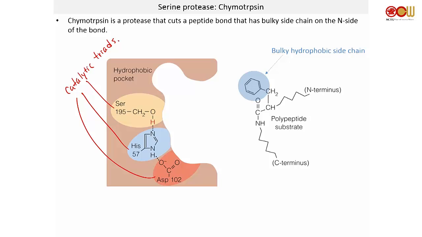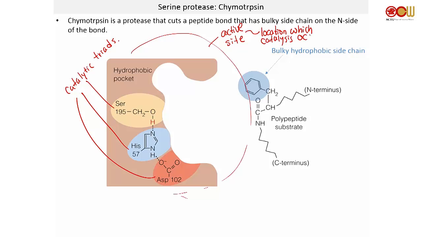Around these 3 residues, this entire thing, we call that the active site. Remember that the active site is the location on the enzyme where catalysis occurs, okay?